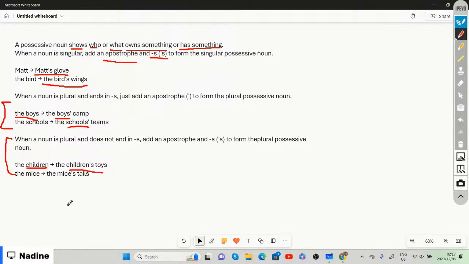All right. So remember we said that if we have a plural possessive noun, but it does not end in s, then we add an apostrophe as well as an s, right, to show the possession. Another one is the mice, meaning that we are talking about more than one mouse. The mice.